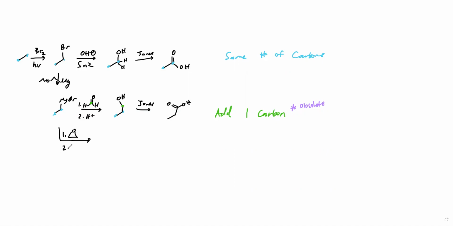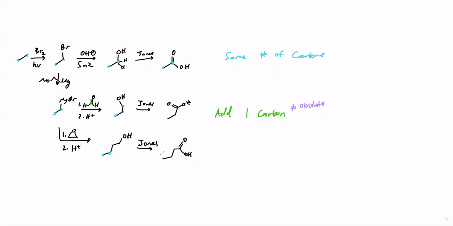And this really only works with non-substituted epoxides, and I'll explain why in a second. But we could do this. Get this alcohol. And then again, Jones gives us the carboxylic acid. So once again, if we think about the number of carbons, it's always 2.